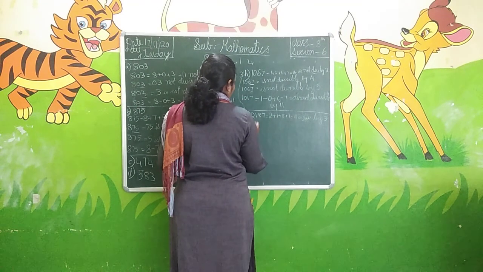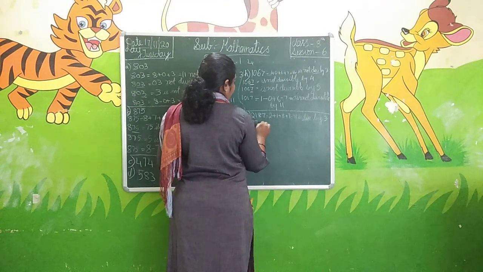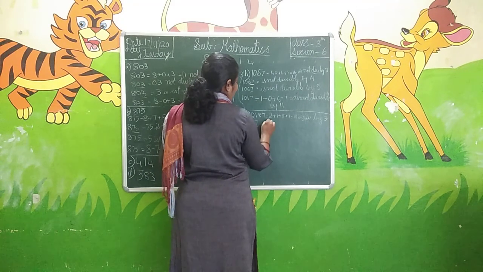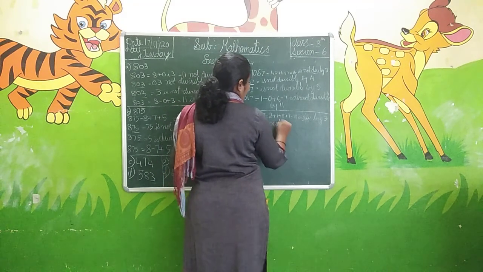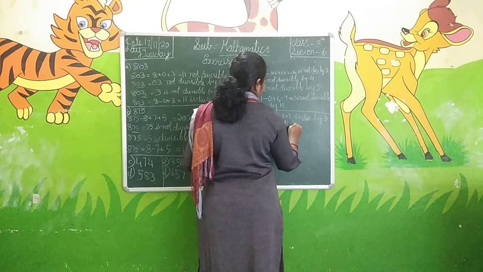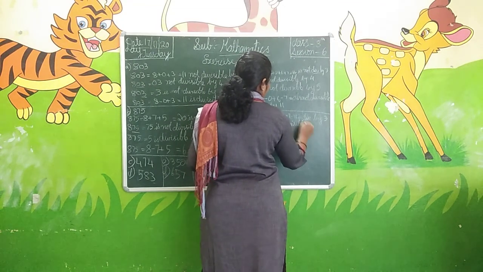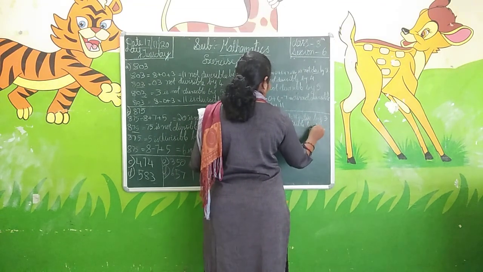Next, the last two digits of 2187, 87, is not divisible by 4.